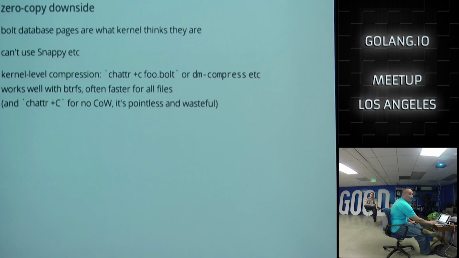So it could leave some junk in the file, but Bolt is careful to work in a way where the junk is harmless. Okay, so you can get compression, and usually, even for random files, if you turn on Btrfs compression, it will go faster on average.